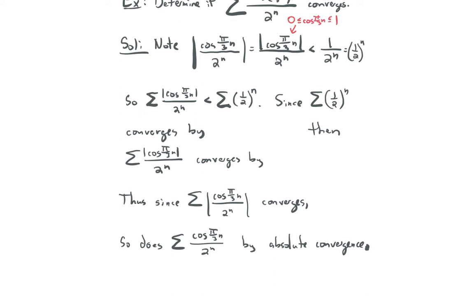So that's great. So that is indeed less than or equal to 1 over 2 to the n, which is 1/2 to the n. So I know that 1/2 to the n, this converges by being a geometric series.